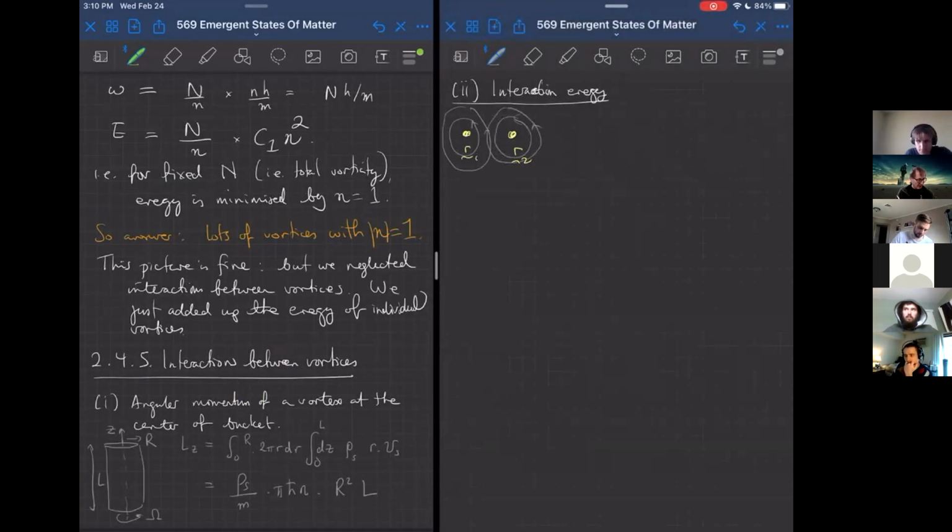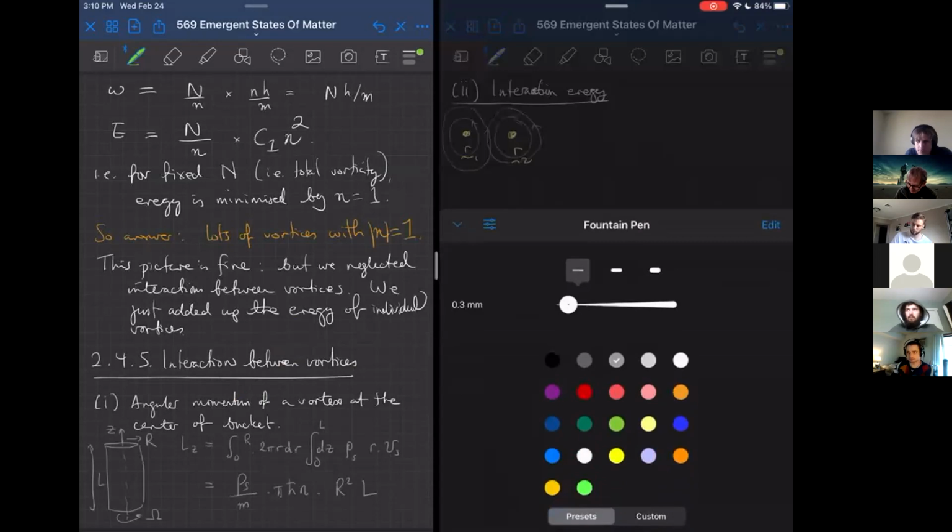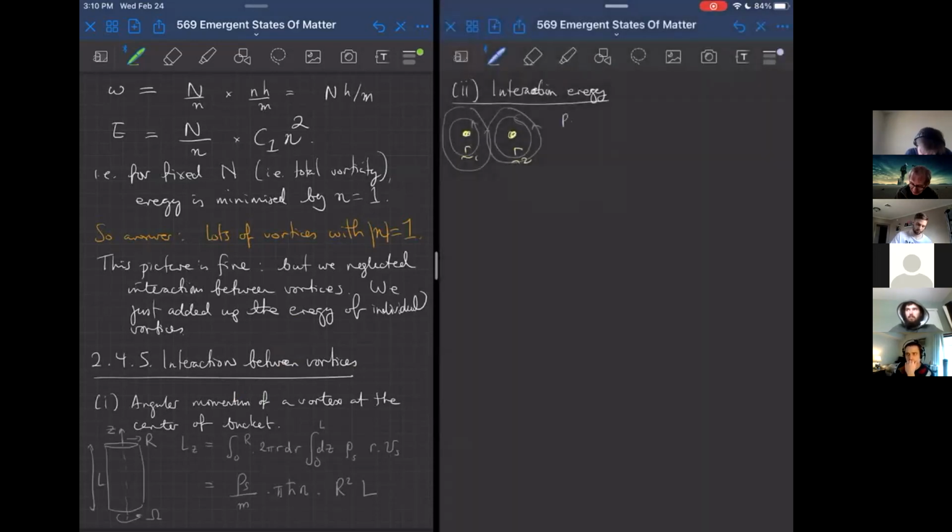So something like so. We're going to assume that these vortices are parallel and are near the center of the bucket. And we're going to assume that this one has strength N1, this one has strength N2, and their velocity fields are V1 of R and V2 of R, like so. So let's suppose that I sit at some point in the superfluid.